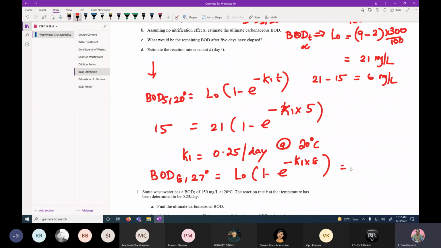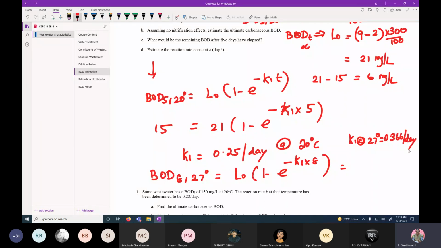What is the answer? What is the K1 value at 27? K1 at 27 is 0.366 per day.